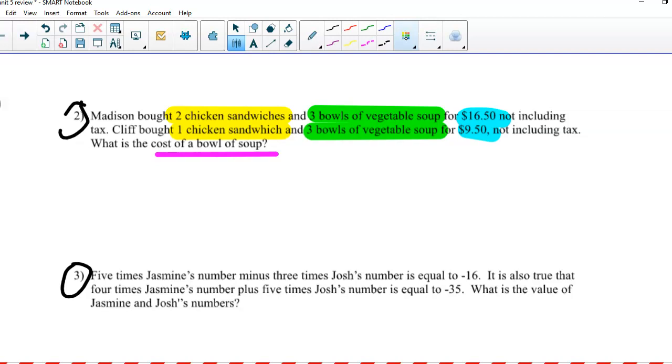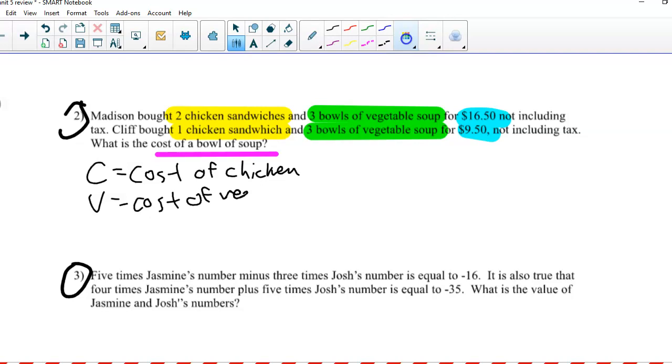So let's use C and B. C is going to be the cost of the chicken sandwich, and B is going to be the cost of the vegetable soup. I'm not going to write all of that. And we need 2 equations.